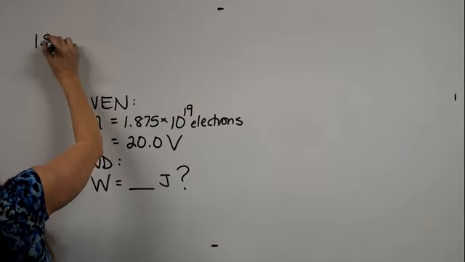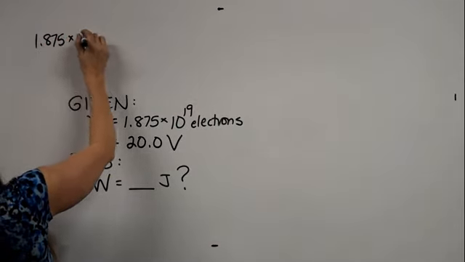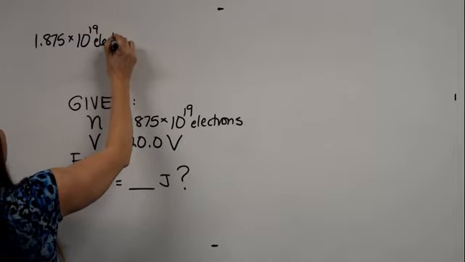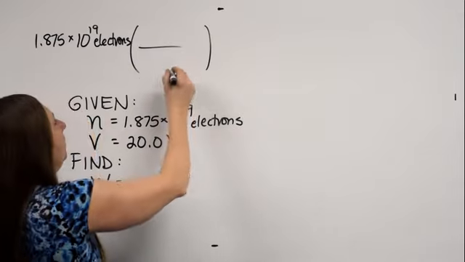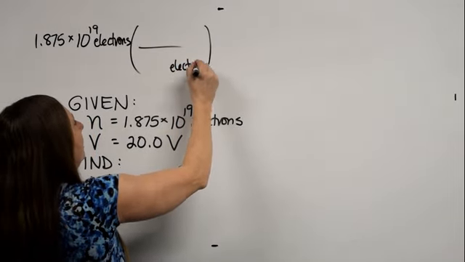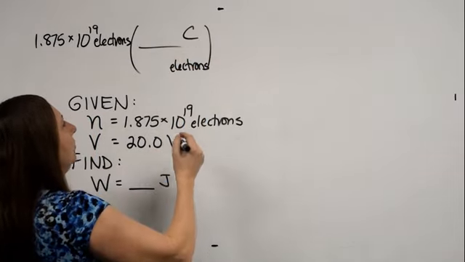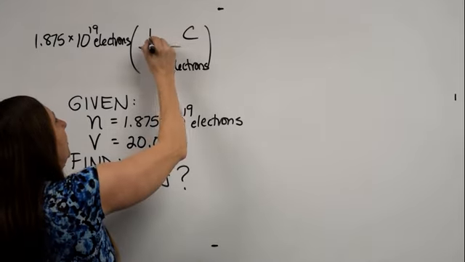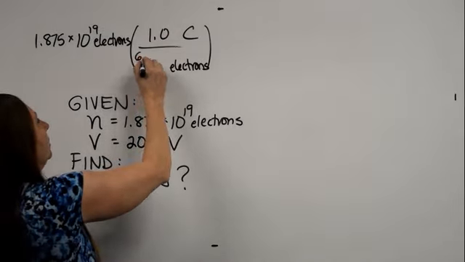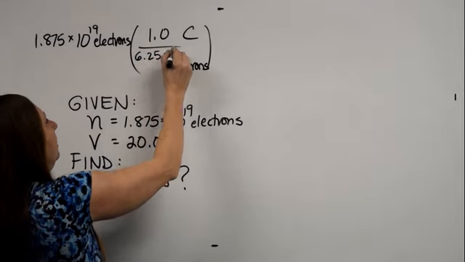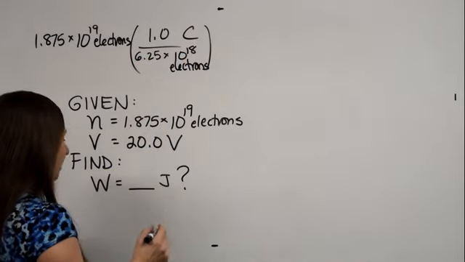1.875 times 10 to the 19th electrons. I can say, electrons to coulombs. I can say that in 1 coulomb, there are this many electrons, 6.25 times 10 to the 18th electrons.